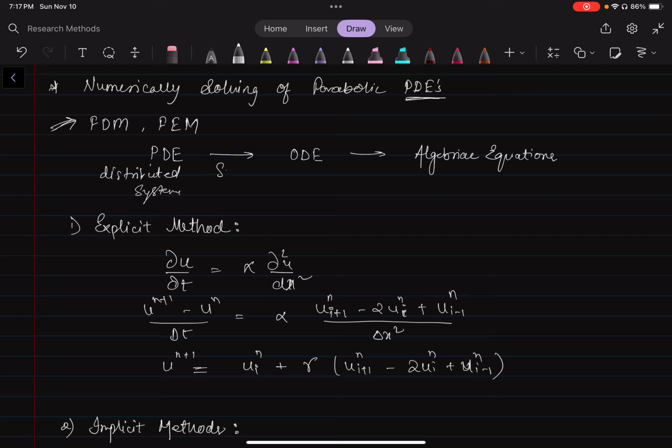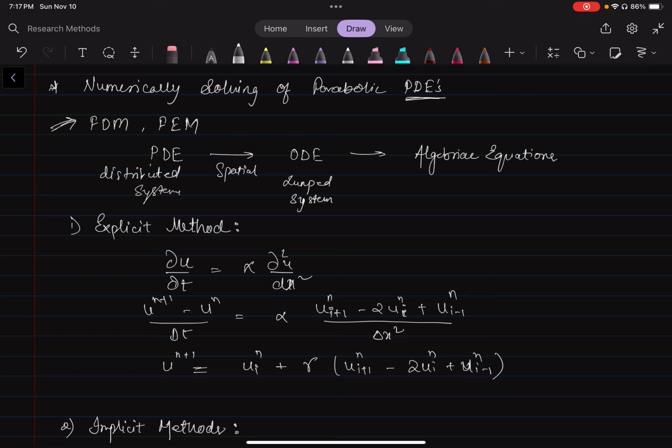While a system in which we only have the temporal part, and the spatial part is averaged along the whole space, so that we lose the spatial distribution and consider it to have just an average value over the whole space, those kinds of models are called lumped system models.